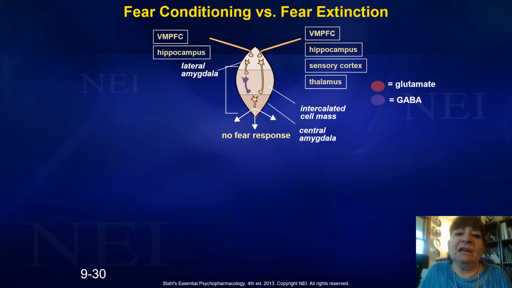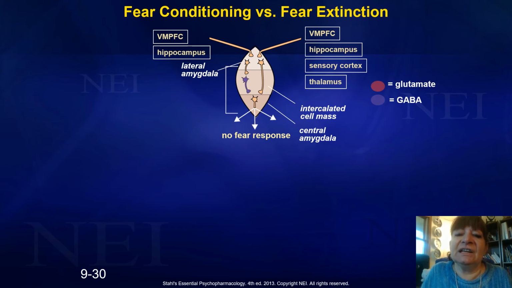The amygdala remembers stimuli associated with the experience by increasing the efficiency of the glutamate neurotransmission. And so with any future exposure to the stimuli, a fear response is even more efficiently triggered. And if that is not countered by input from the VMPFC to suppress the fear response, the fear conditioning will continue.